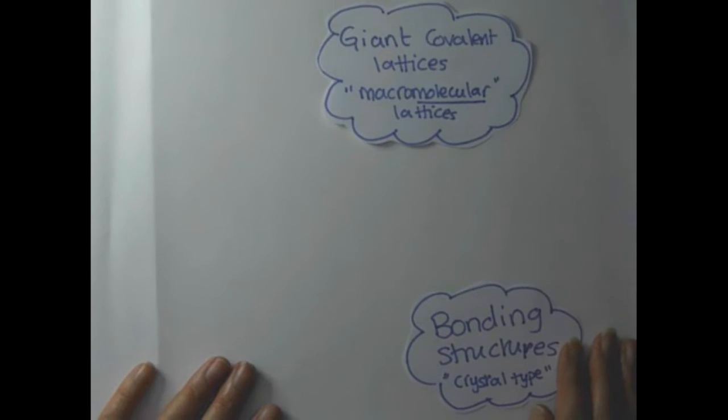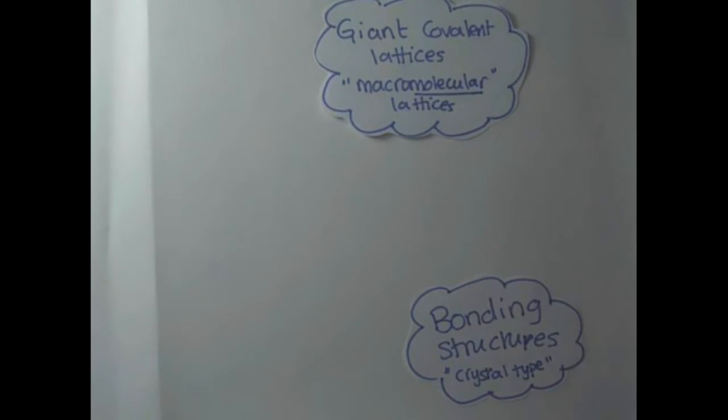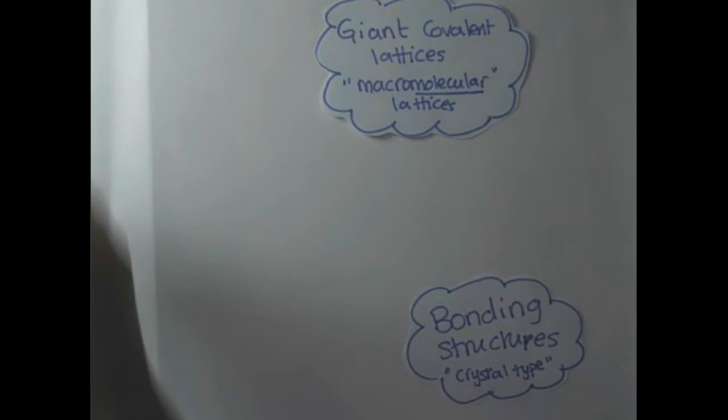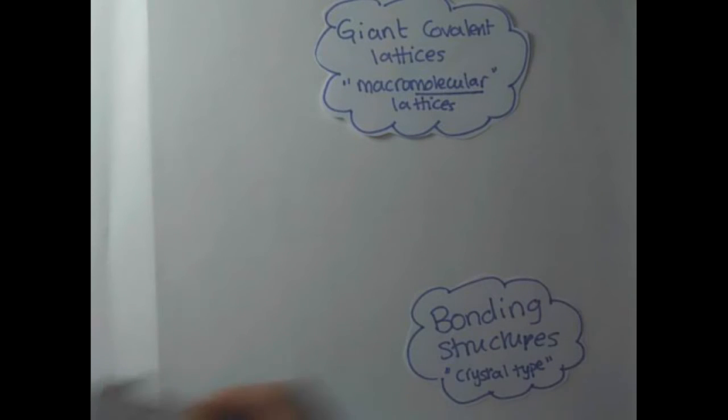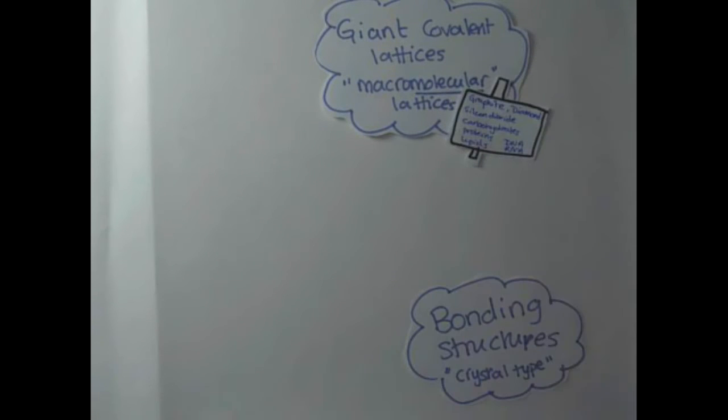Okay, so our next bonding type is the giant covalent lattices, or the macromolecular lattices. And again, the clue's in the name, molecular, so it's something that contains covalent bonds. Examples are things that we know already: graphite, diamond, silica (silicon dioxide), but also some of the biological molecules, the carbohydrates, proteins, lipids, DNA and RNA.